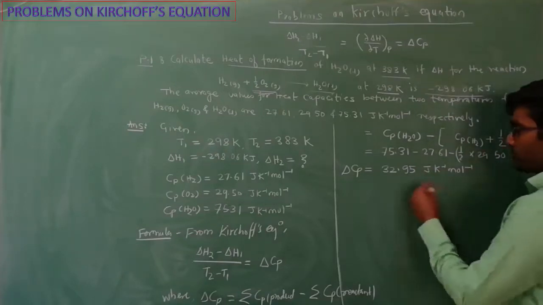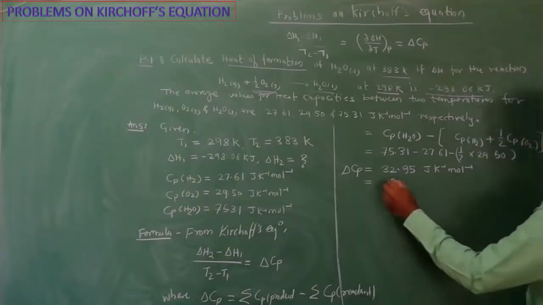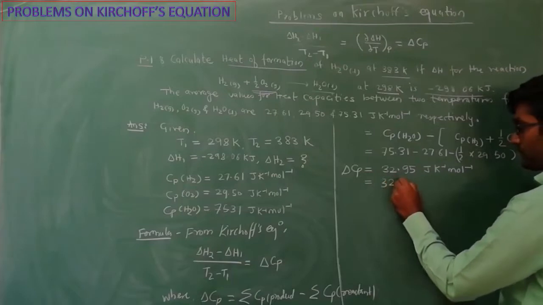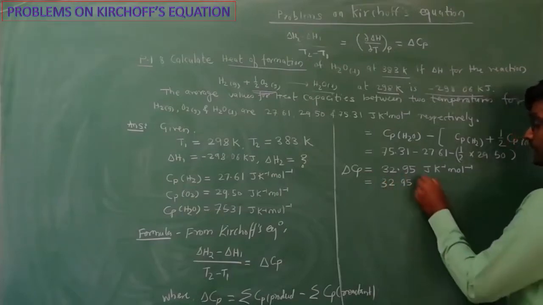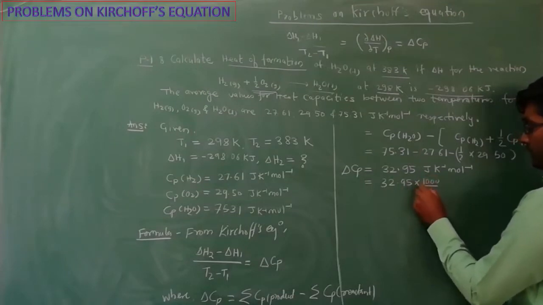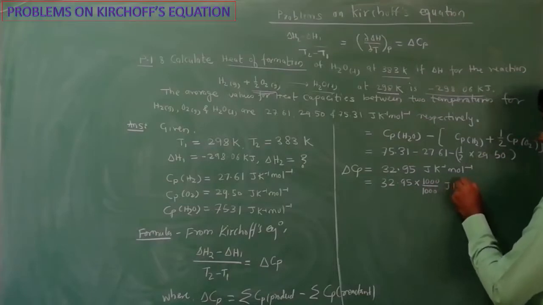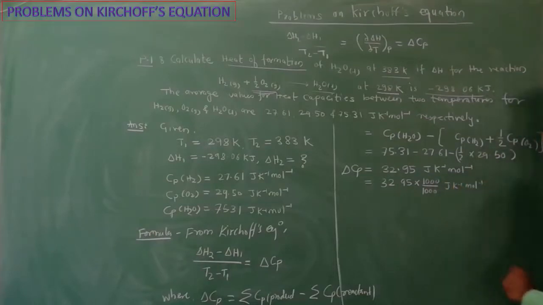If we convert that into kilojoule, the value comes 32.95. How to convert into kilojoule? Multiply by 1000 and divide by 1000. Its value remains the same, joule per Kelvin per mole.